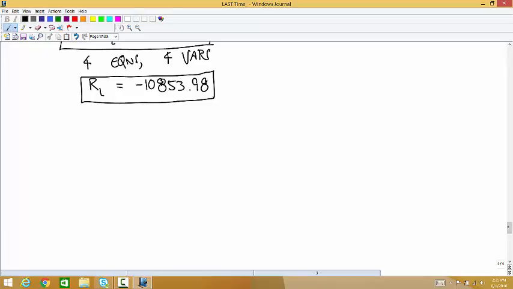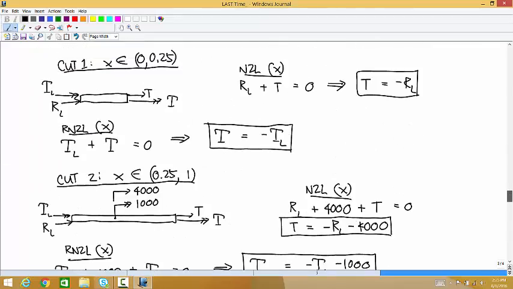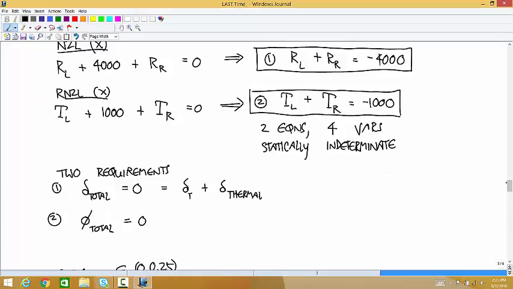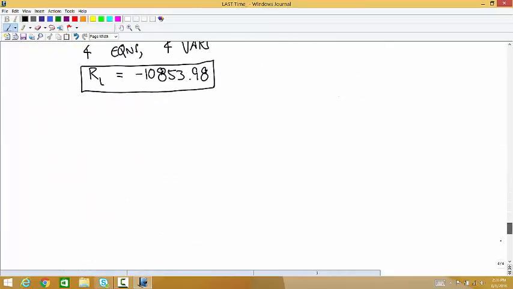Then you can plug that back into equation 1 to get the reaction at the right. So I believe that's 6,853. So RR is equal to, oh, is it positive? Positive 6,853.98.